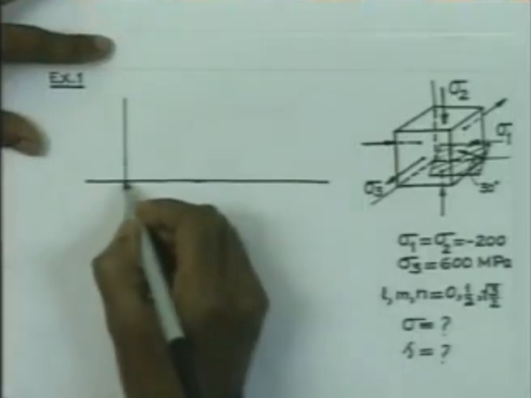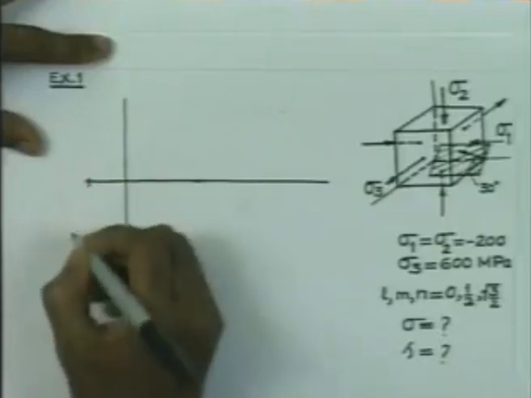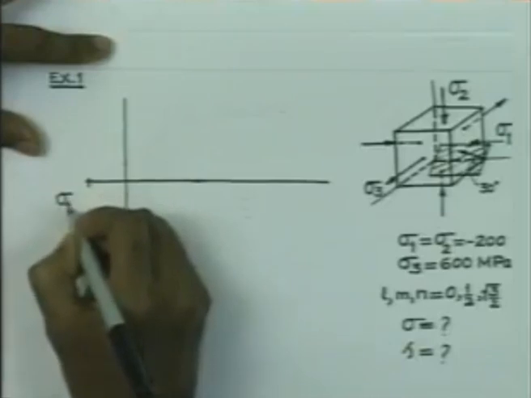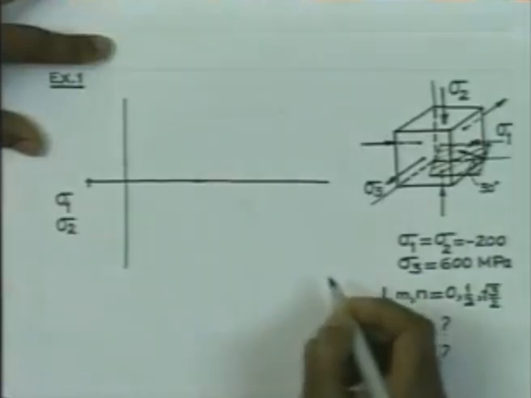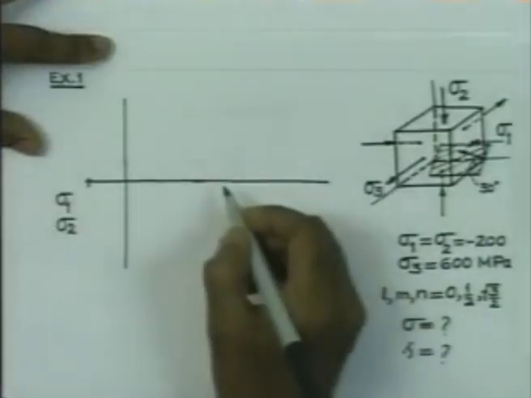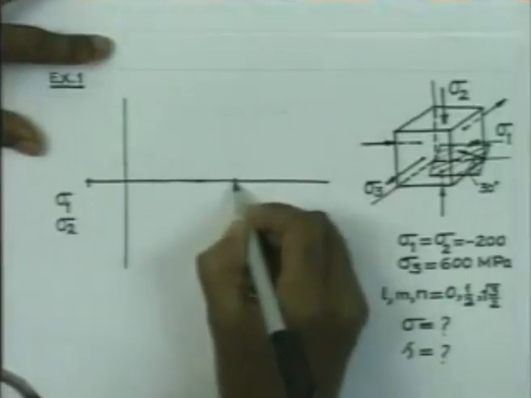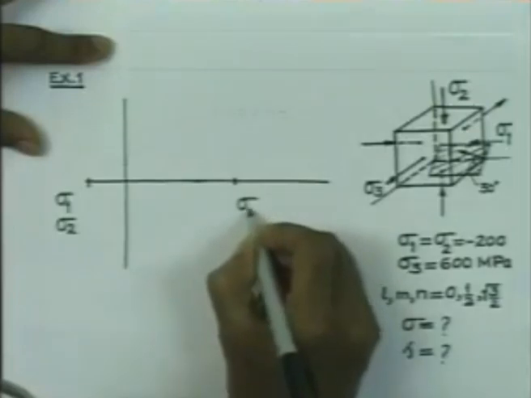Now, in this direction we have sigma 1 and sigma 2. So, this is sigma 1 and sigma 2, and then sigma 3 is equal to 600 MPa and it is positive stress. So, it will be somewhere here, this is sigma 3.